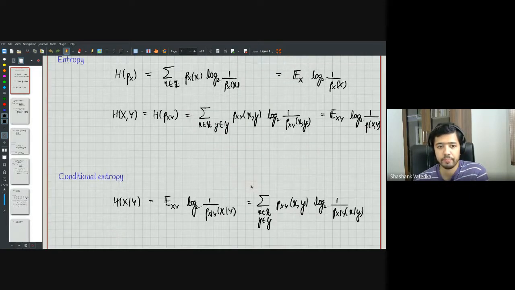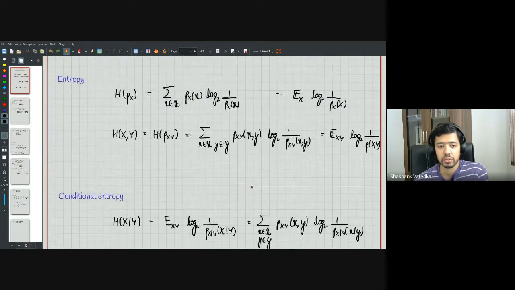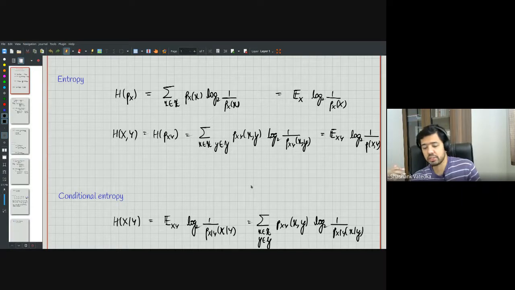All right. And the intuitive interpretation of entropy is that it's a measure of randomness in the random variable. So the higher the entropy of a random variable, in some sense, the more information content it possesses, or the more random it is.